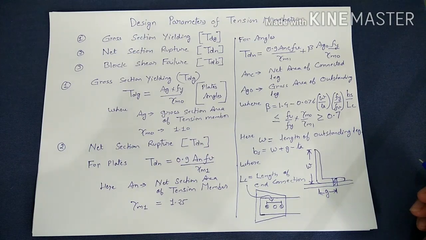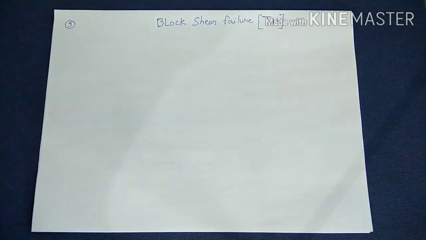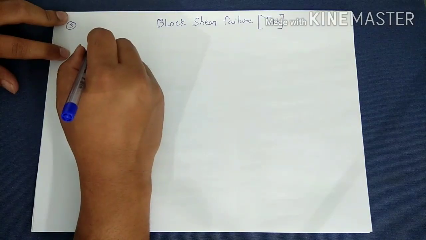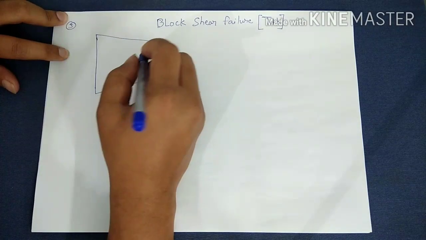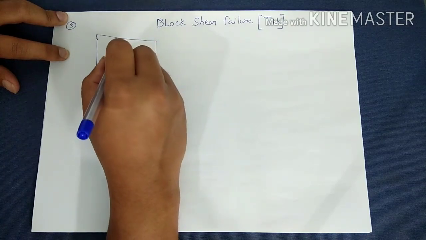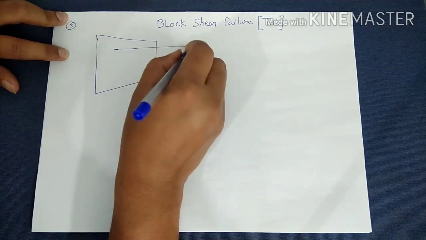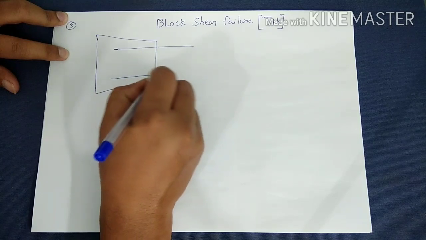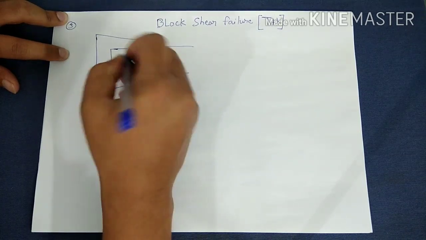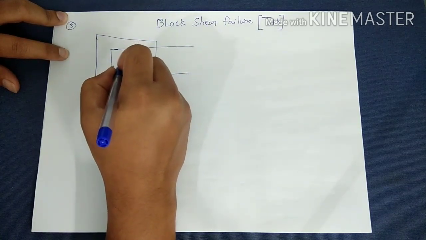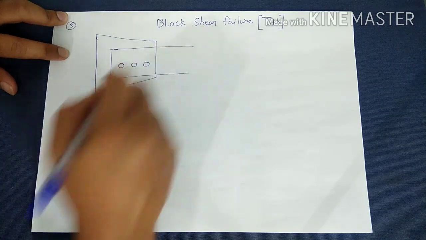Now let's go to the third topic, that is your block shear failure. For better understanding, we must understand through the diagram. Consider a simple plate connected with a gusset plate with 3 bolts.